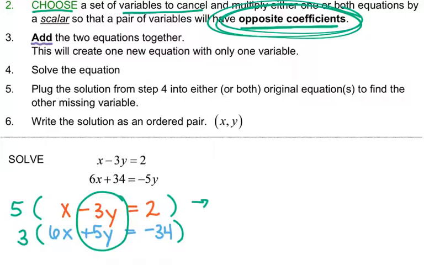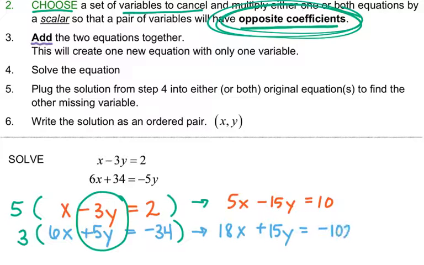And so you'll see if I do this, I end up with 5x minus 15y equals 10. And down here I have 18x plus 15y equals negative 102.